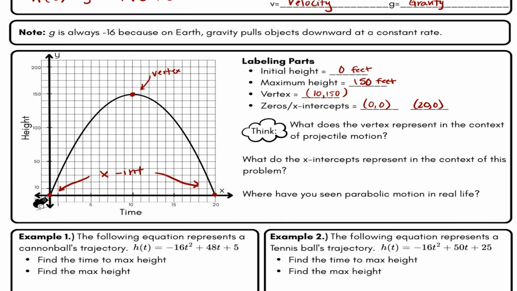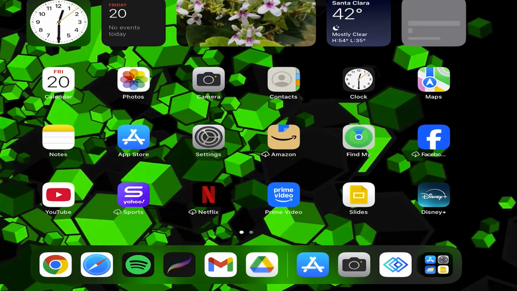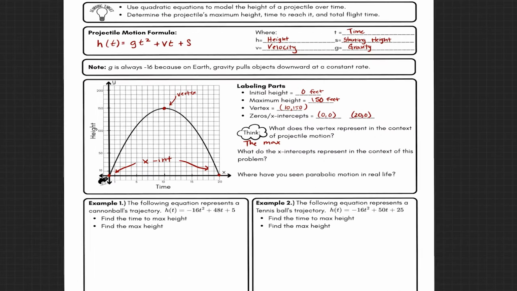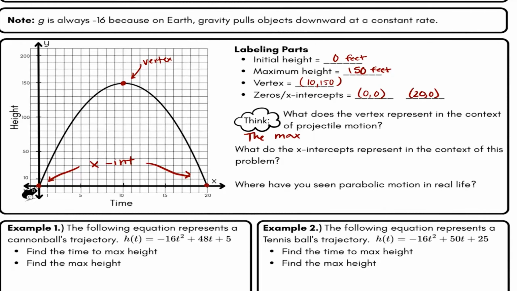So the vertex represents the max height and the time it takes to reach it.